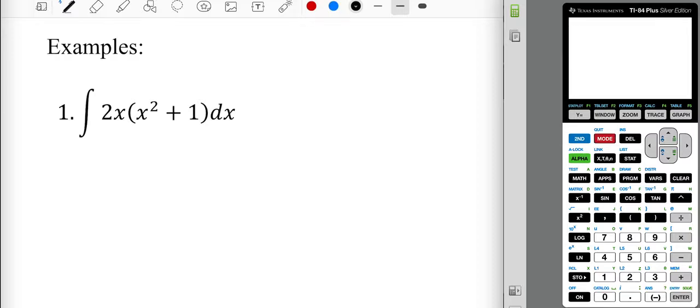All right, so you have multiple factors that make up your integrand. So in this case, you have two factors. You have the 2x and you have the x squared plus 1. What I want to do is choose an expression to call u whose derivative would be a multiple away from being the expression that I did not select.